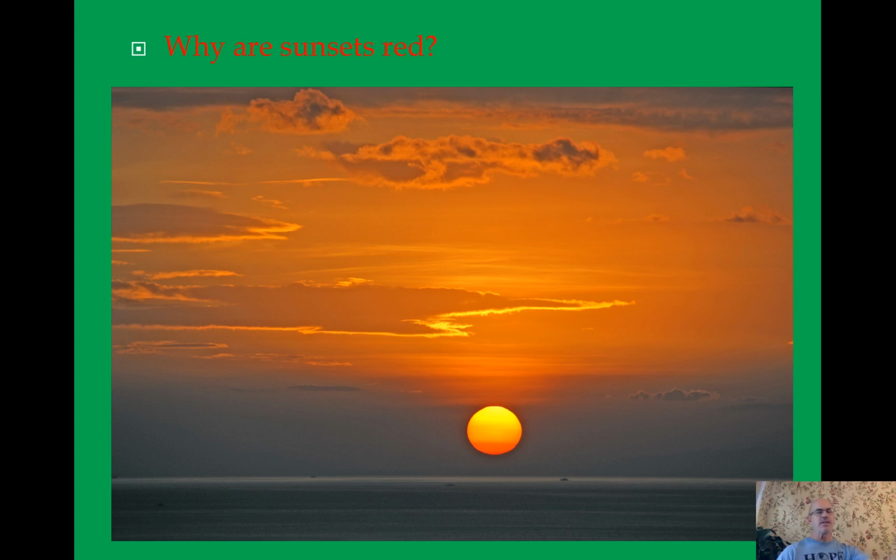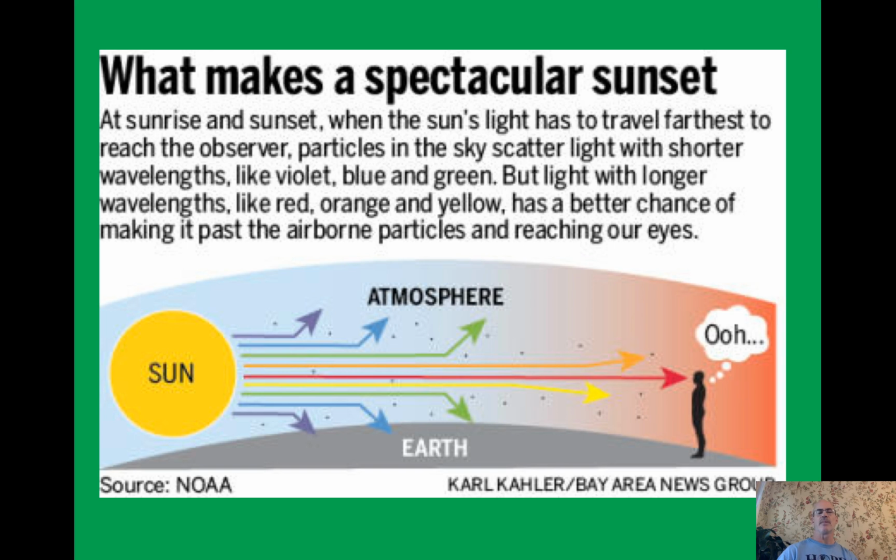Now, why are sunsets red? Well, the answer is similar to why the sky is blue, but not quite. During a sunset, the sun's light is passing through the edge of the atmosphere because the sun is very low, so it has to go through a lot of the atmosphere.